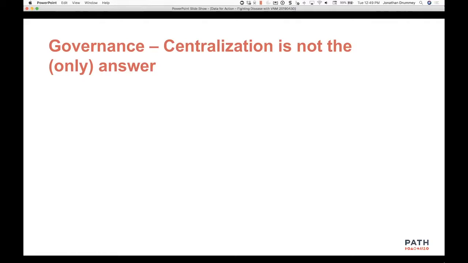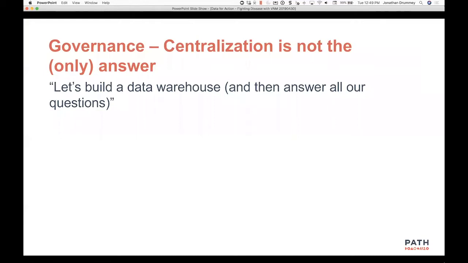So with governance, oftentimes there's this issue when people are trying to get a handle on data, and they're in that space of being overwhelmed by all the questions and all the different data sources. There can be this wish to build some sort of data warehouse or data repository, put all the data in it, and then we'll be able to answer our questions.